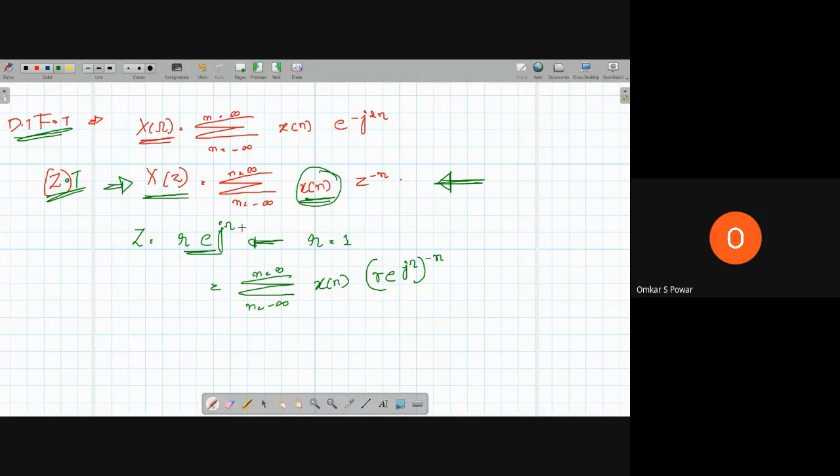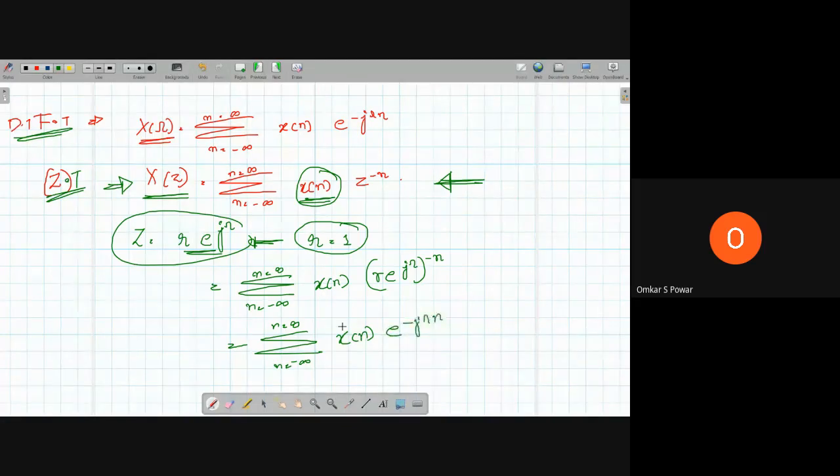Putting r equal to 1, we get x of n e power minus j omega n. So your Z transform has become equal to your discrete time Fourier transform.